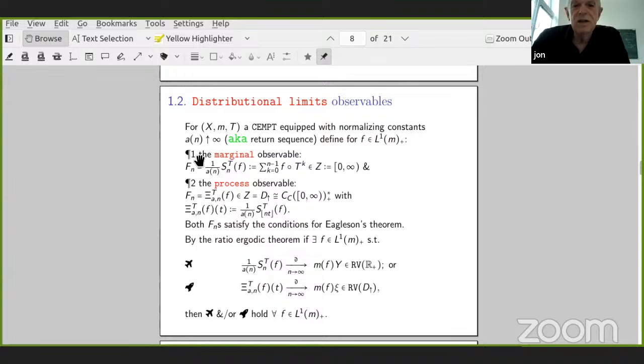There's going to be the marginal observable, which is just the normalized Birkhoff sum of F divided by a_n. And this is going to be something in 0 to infinity.